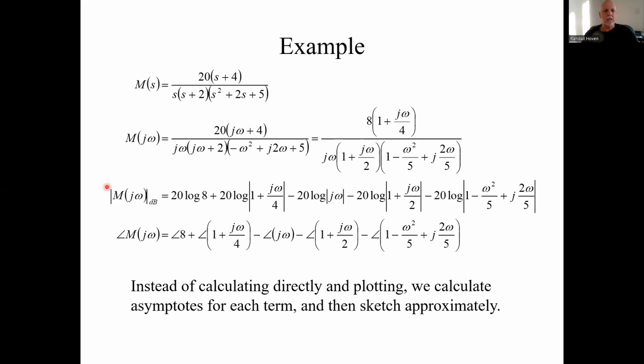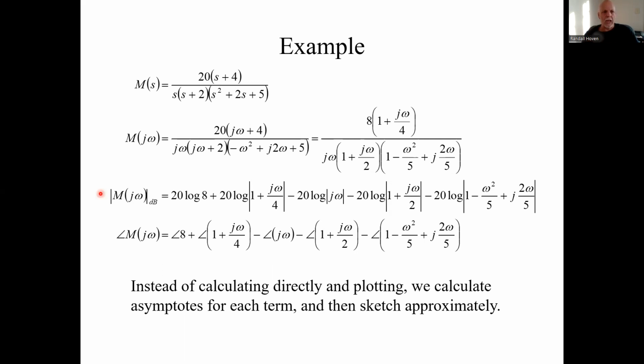So in dB, the gain is going to be 20 times log 8 plus 20 times the log of this term minus 20 times the log of the magnitude of j omega minus 20 times the log of the magnitude of this guy, etc. Similarly for angles, they add and subtract. Angles in the numerator add, angles in the denominator subtract.